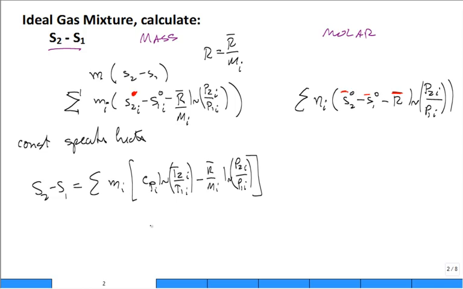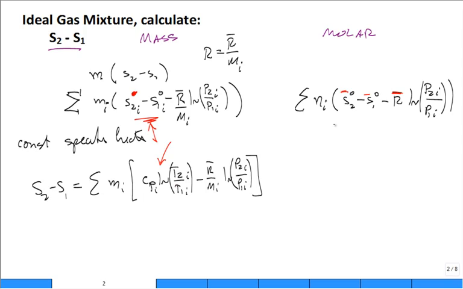Isn't that the cousin equation when we have constant specific heats? Yeah. So this is temperature dependent properties, temperature dependent specific heat, constant specific heat. All right. So we don't have a partial temperature concept, so this T1I is the temperature initially of that gas, and then T2i is the temperature final state of that gas.